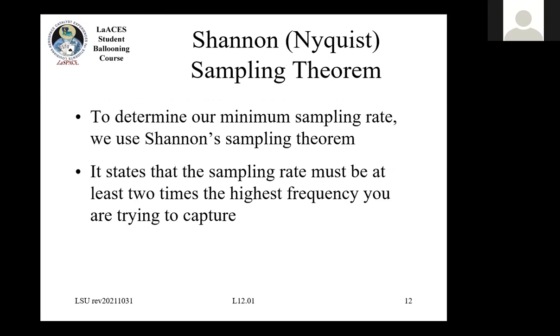So it turns out there's actually a mathematical theorem that says, hey, if I'm looking for a signal that takes this amount of time or has this frequency, you need to sample this often. And it's actually pretty simple.